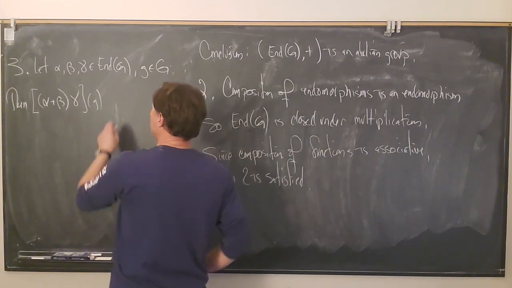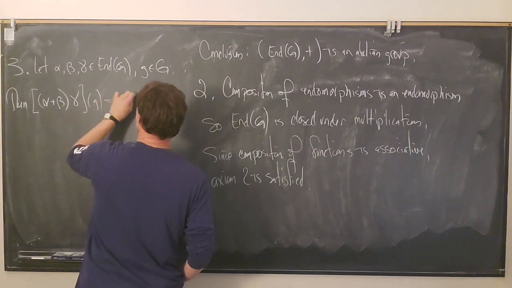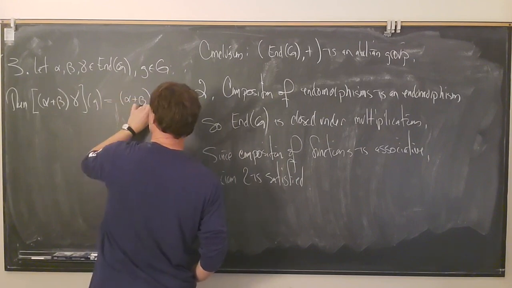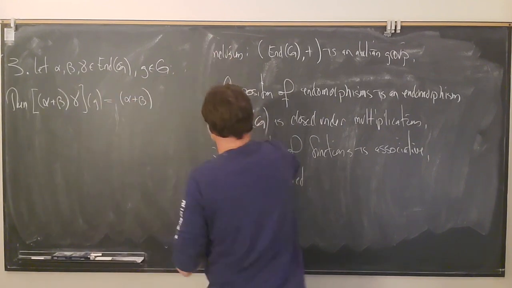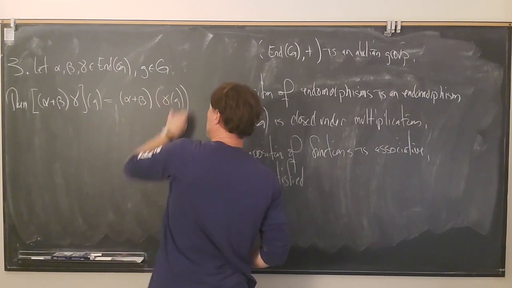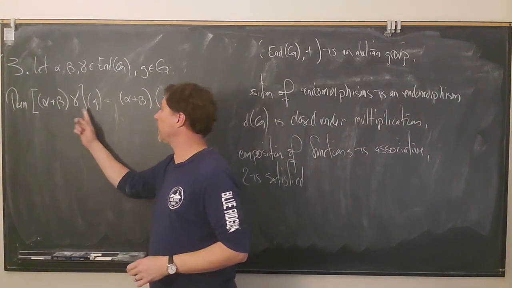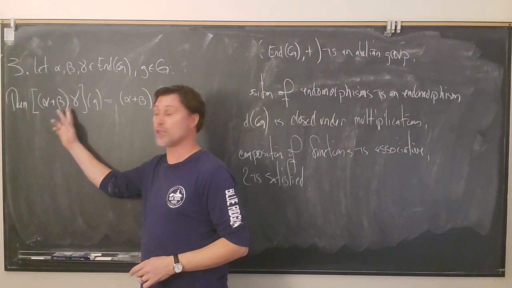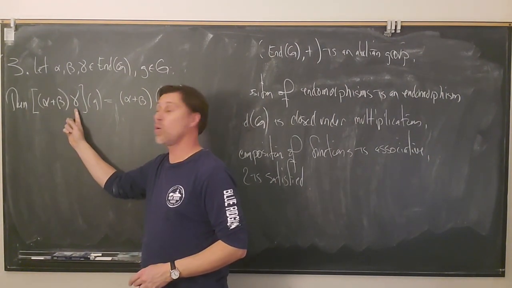Okay, so how is that going to work? That's going to be alpha plus beta of gamma of g. When I write this, this means composition, so we're composing alpha plus beta with gamma.